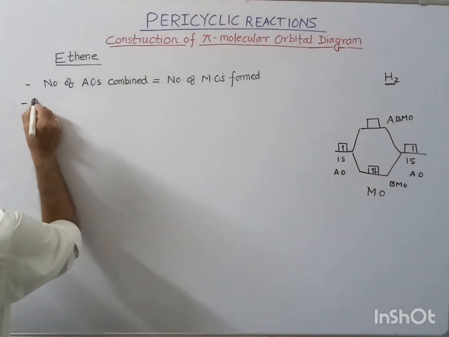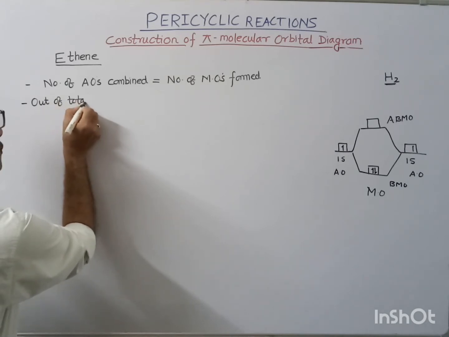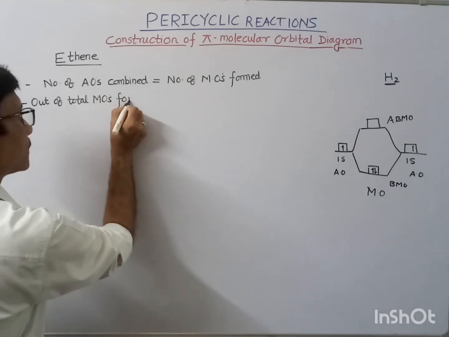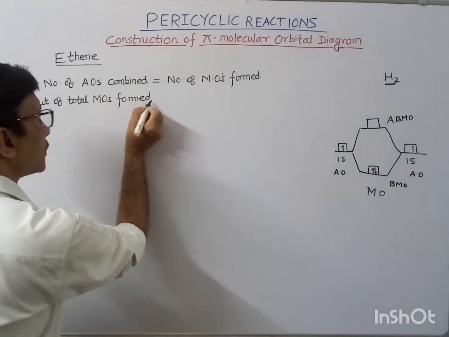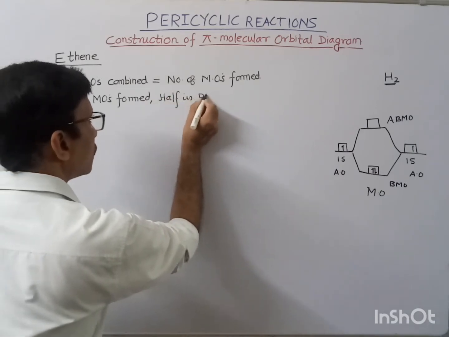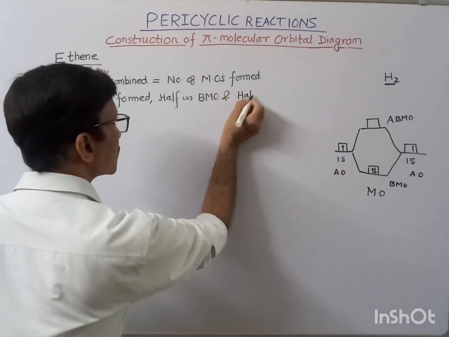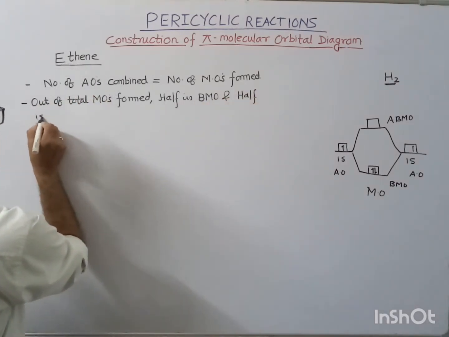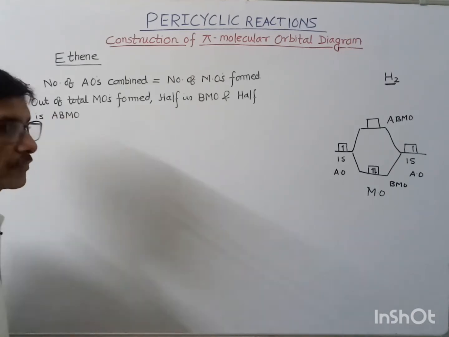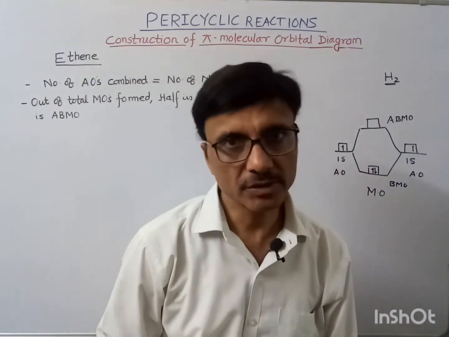So out of the total number of molecular orbitals formed, half are bonding molecular orbitals and half are anti-bonding molecular orbitals. These are the two main rules that you have seen.